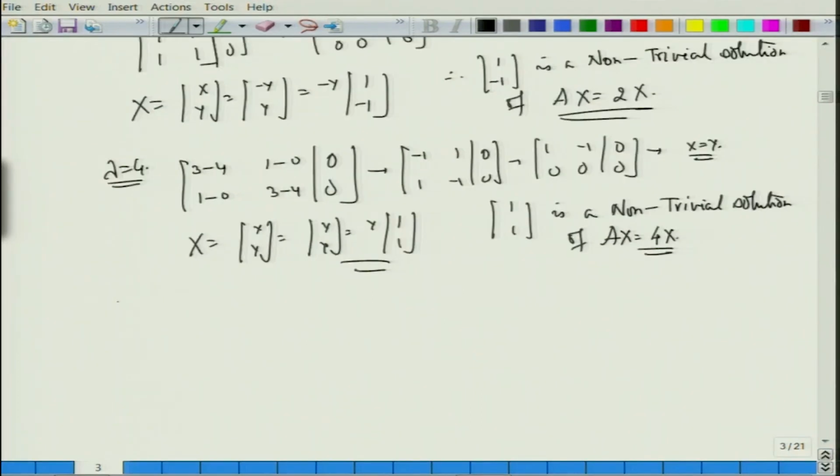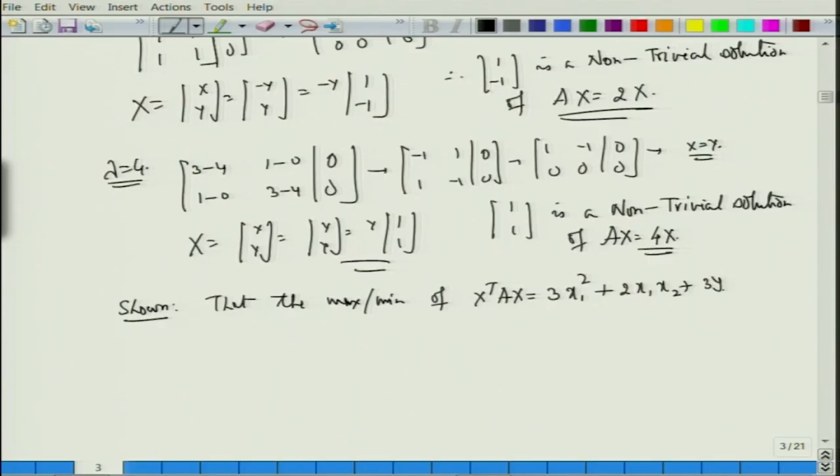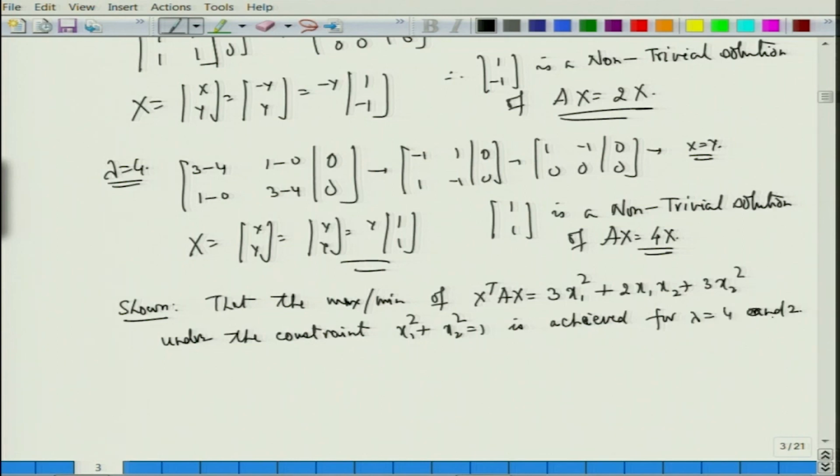What we have shown is that the maximum or minimum of x transpose Ax, which was nothing but 3 x1 squared plus 2 x1 x2 plus 3 x2 squared, under the constraint x1 squared plus x2 squared equal to 1, is achieved for lambda equal to 4 and 2.